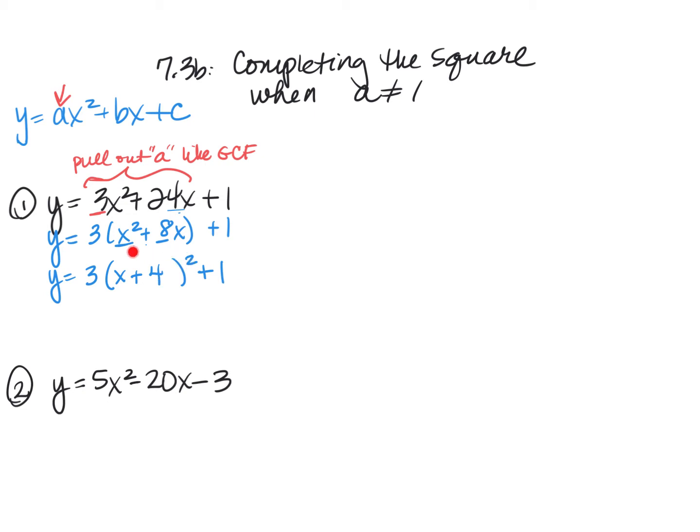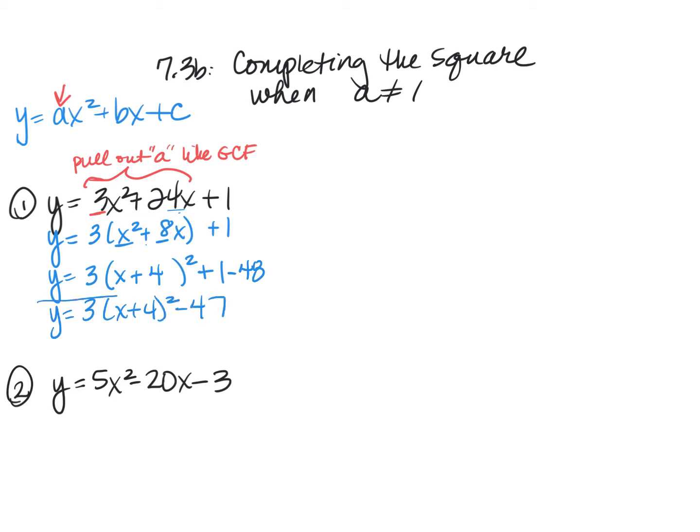Well, now I have to take into consideration this 3 in the front. So 4 squared is 16, but I have to multiply that 16 times 3, and that gets me to 48. So I'm not just subtracting 16, but I'm subtracting 48. Now it looks like this. y equals 3 times x plus 4 squared minus 47.